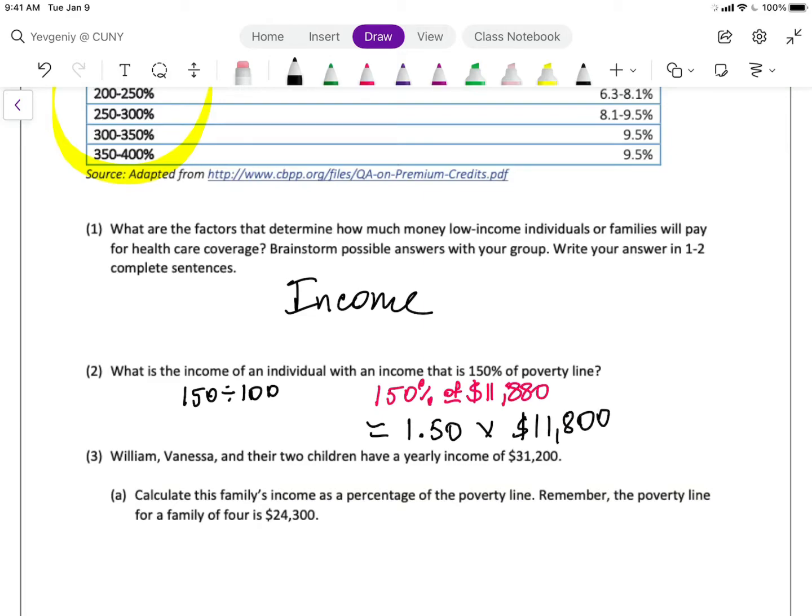When you multiply it by 1, it gives you back what you started with. And then 0.5 gives you the additional half of that. So it's one of the ways that you can calculate it. So times 1.5. I'm using my calculator, so it's 17,700.